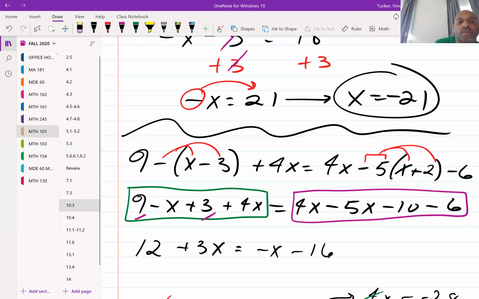And then negative x and 4x. That'll give me a positive 3x. On the right side, I have 4x, negative 5x, then negative 10 and negative 6. So 4x minus 5x gives you negative x, and negative 10 minus 6 gives you negative 16.